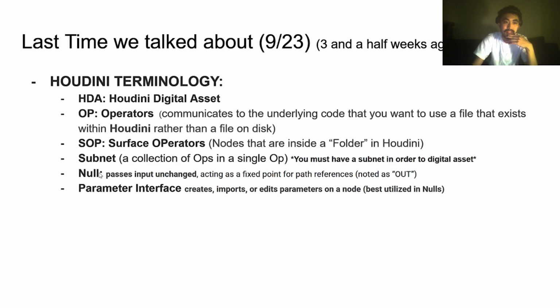And then a null is things that are your output, I would say. That's why in Houdini, a lot of people typically label it as out. And then parameter interface is a lot of the parameters.